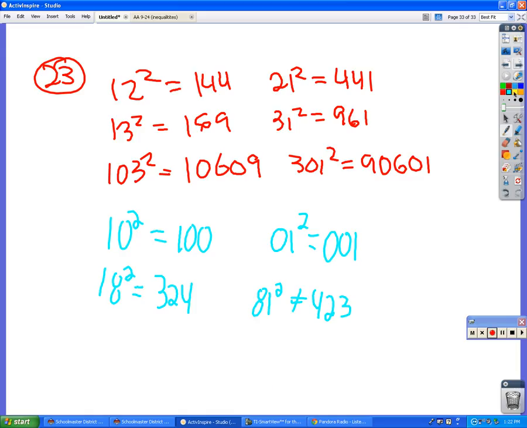And here's another example of that. If I start with 1 times 1, I get 1. If I go 11 times 11, I get 121. If I go 111 times 111, I get 12321.